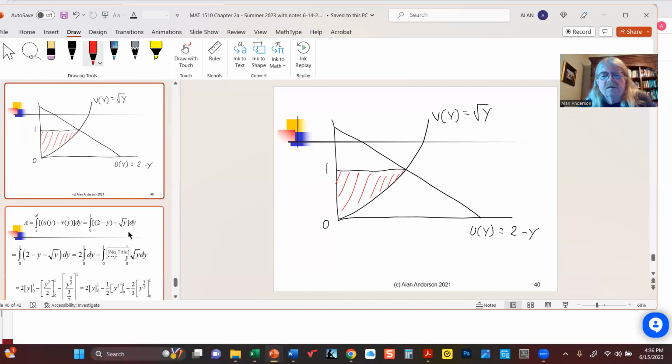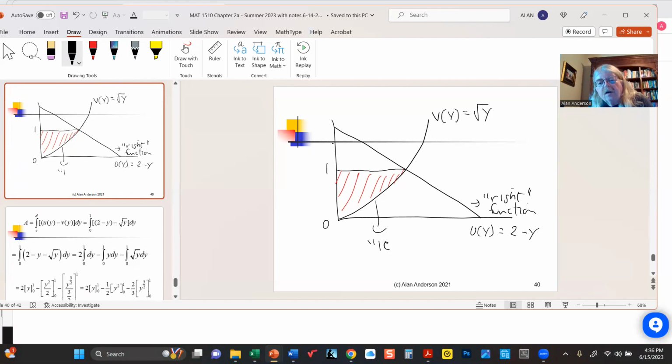So here's what we're going to do. By the way, if you look at it carefully, you'll see that within the range that we're interested in, this function could be considered the right function, and this one could be considered the left, because only within that interval, you can see that u of y is always further to the right than v of y.